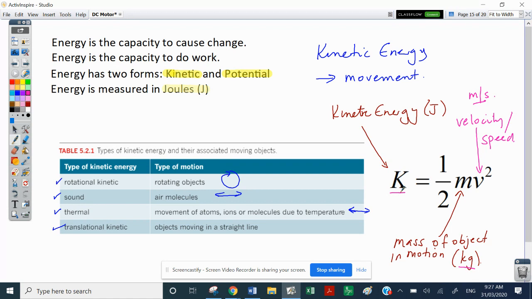Right, so the last thing I want to talk about before we go on to potential energy is the third part, which is going to be new to us. We know that energy is the capacity to cause change and do work. It is potential and kinetic, and it's measured in joules. The final part is that energy is a scalar.